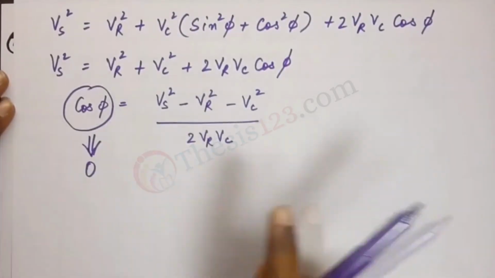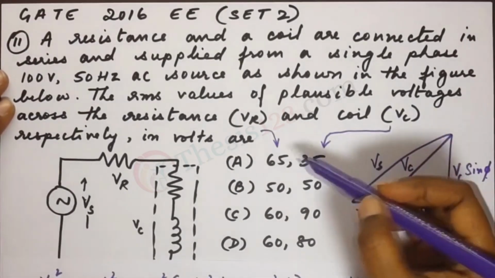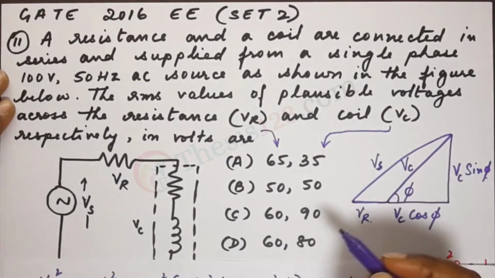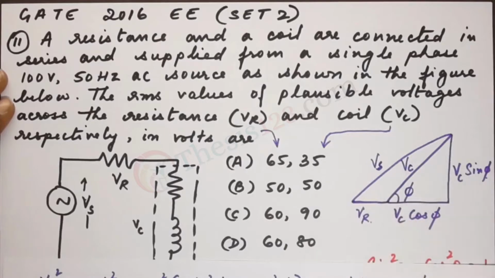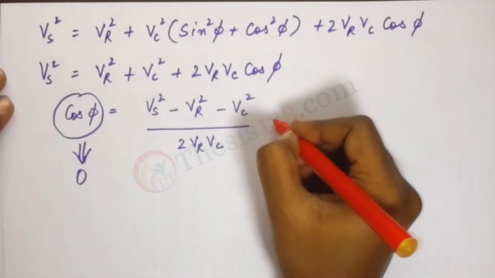So check. You will notice that A doesn't work. So you will have to substitute for each one: A, B, C and D. According to the calculations, we see that D satisfies, 60 and 80. Let's check that.